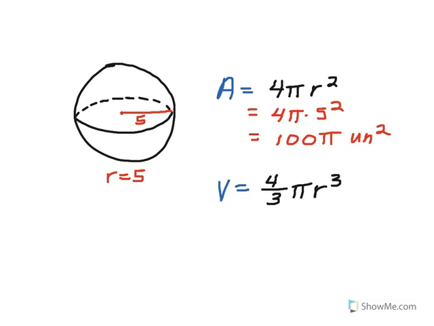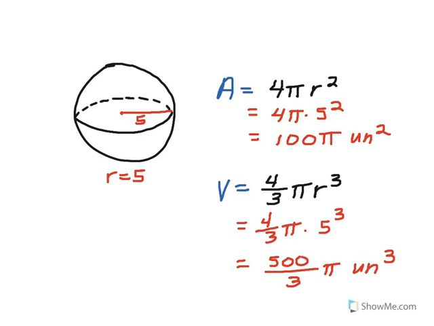The volume would be 4/3 of pi times the radius of 5 to the third power, which is 4 times 125, so this would be 500 over 3, so 500/3 pi, and this would be in cubic units.